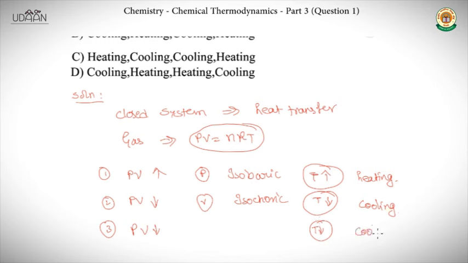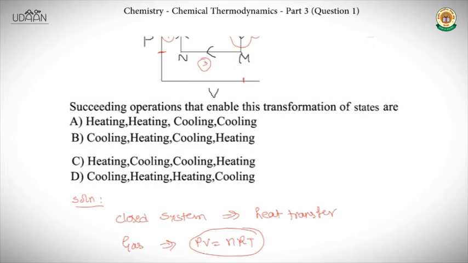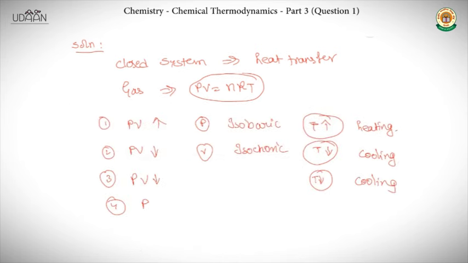Again it is cooling. And in process 4, pressure is increasing and volume is constant, so isochoric. Temperature is increasing since product PV is increasing, so it is heating.